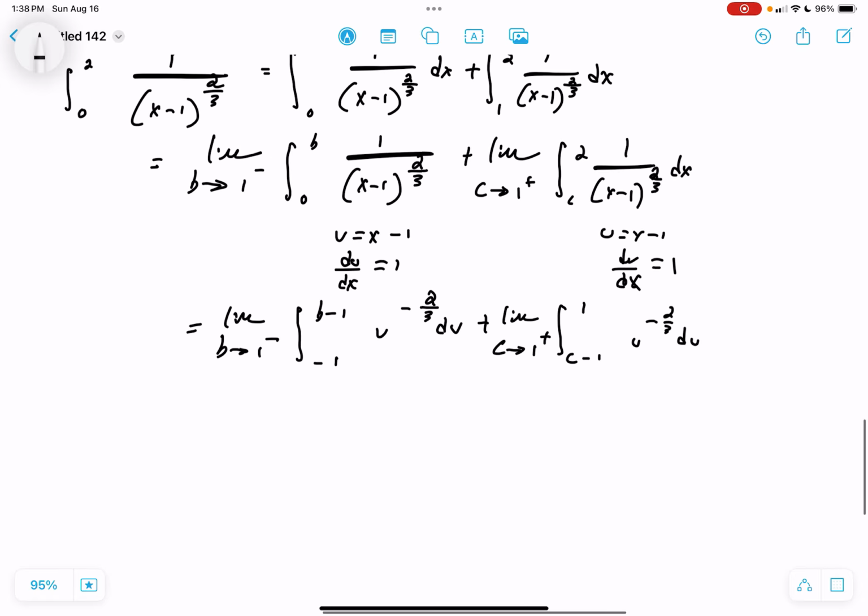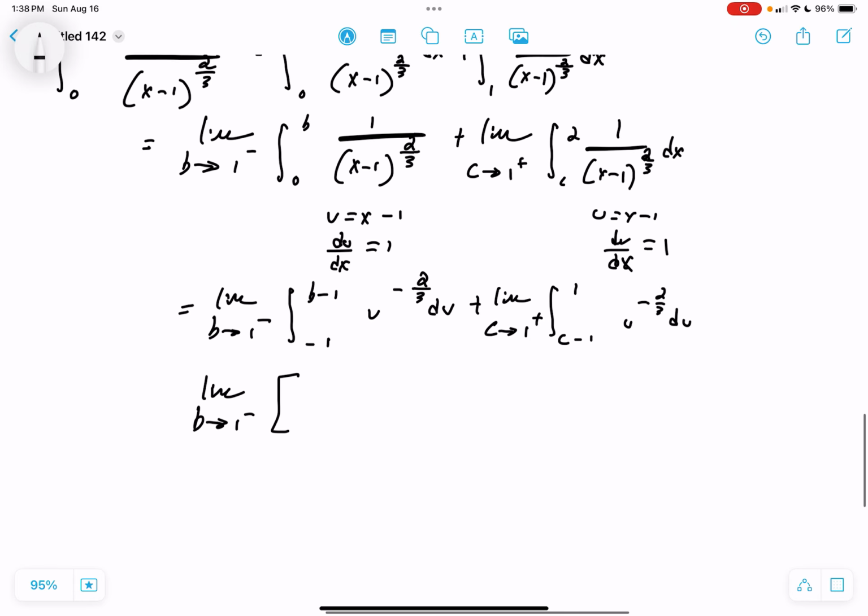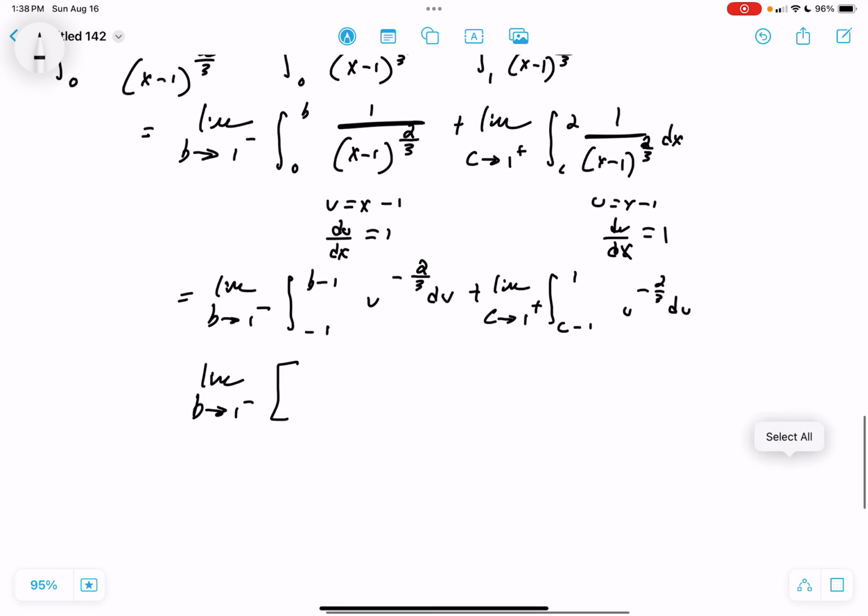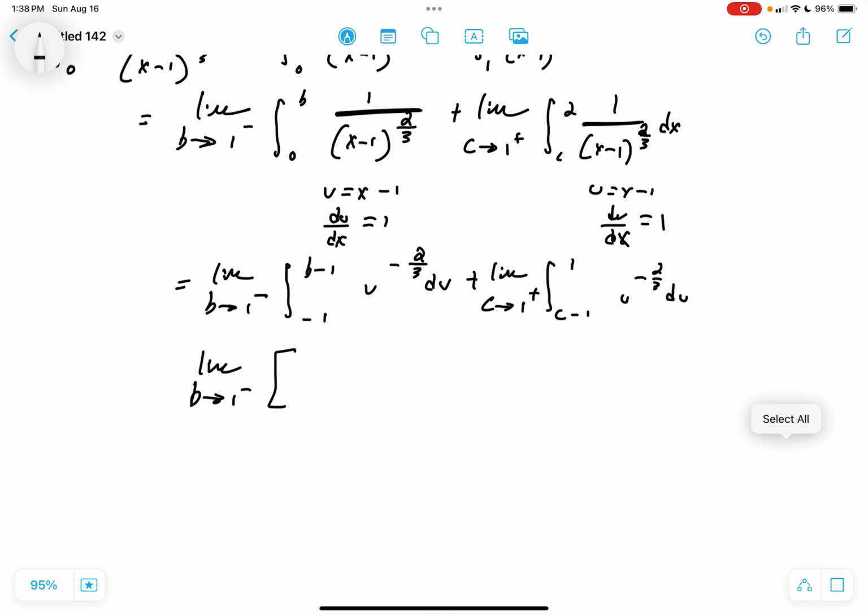And now I'm going to evaluate. So this becomes the limit as b approaches 1 from the left of, we're going to use the power rule to evaluate this integral. So we're going to add 1 to the exponent.